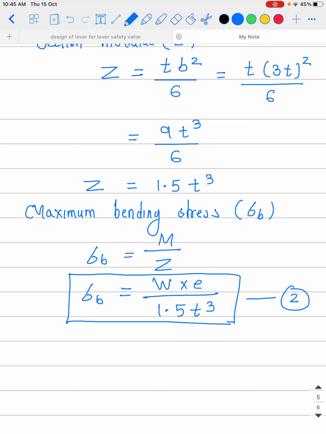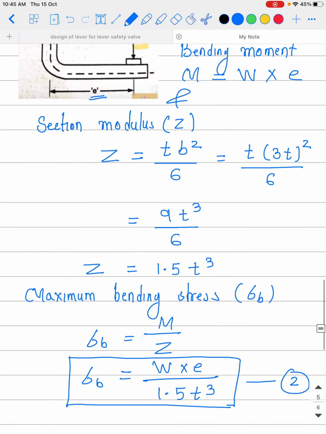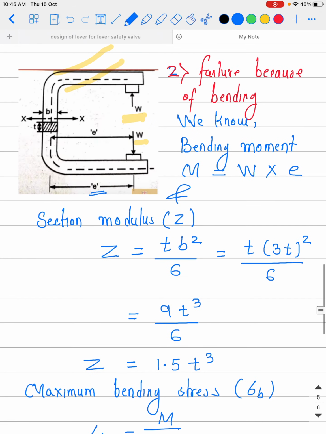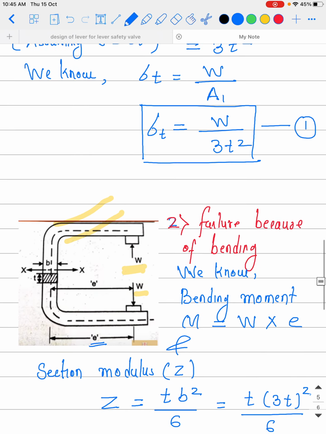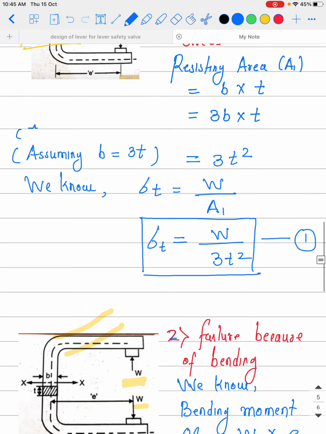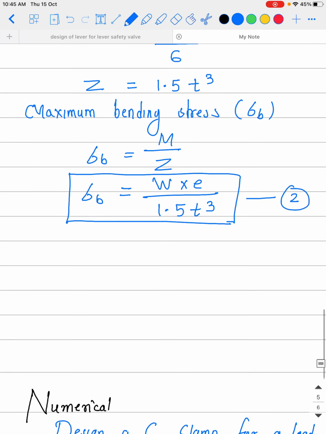Okay, so now on the link two stresses develop. One is because of the direct tensile stresses and another is the bending stresses.